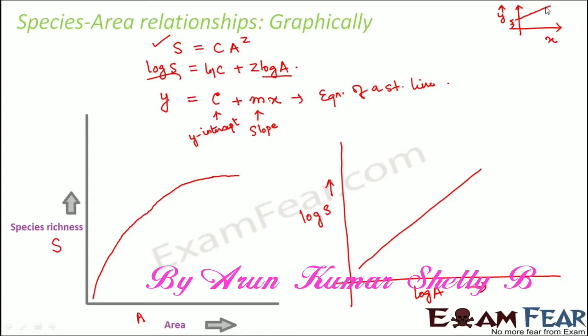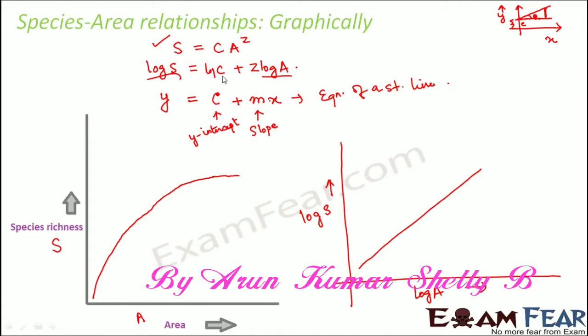This line passes through the y-axis at this point, and this value is c. This is known as the value of the y-intercept. And what is the slope of the line? The slope is given by tan theta, which is nothing but this value divided by this value. So this is about the slope and the y-intercept.